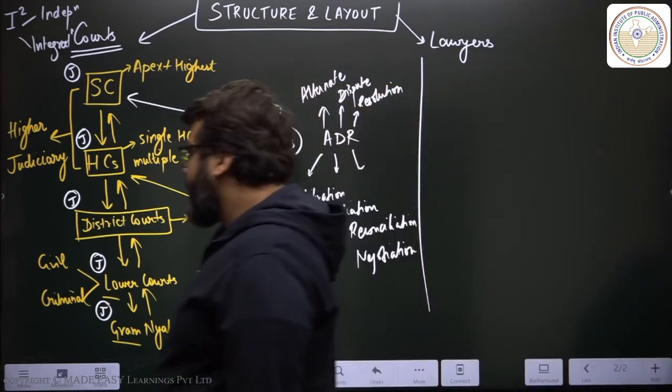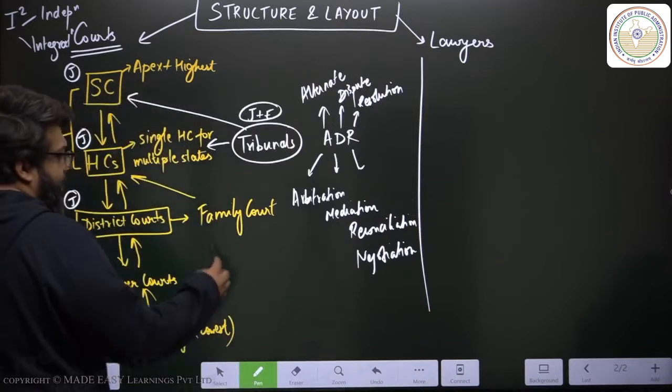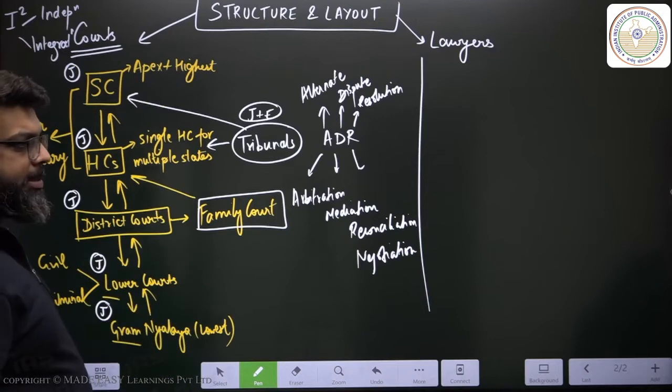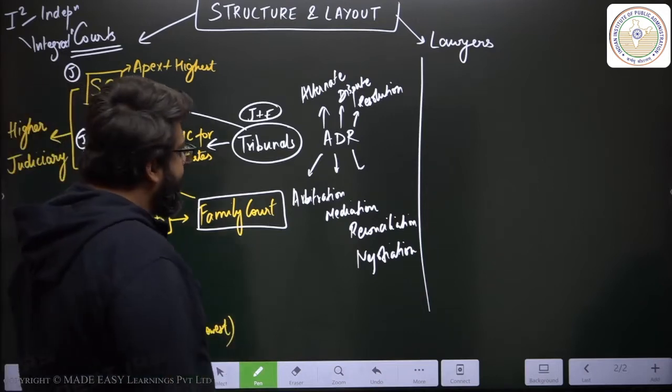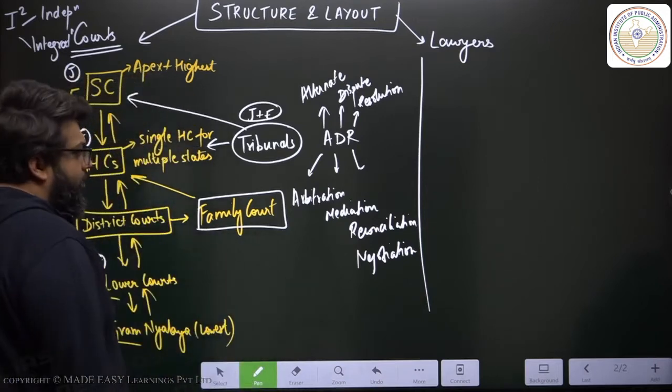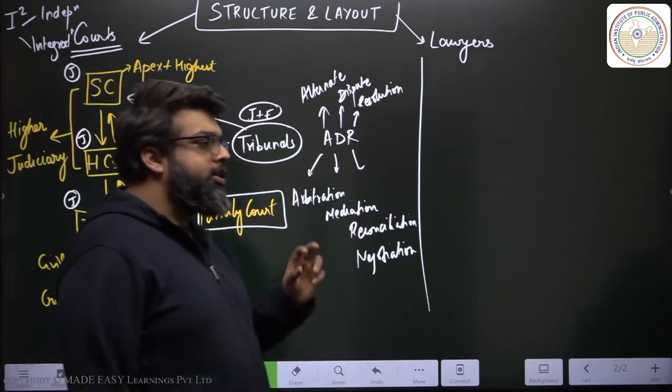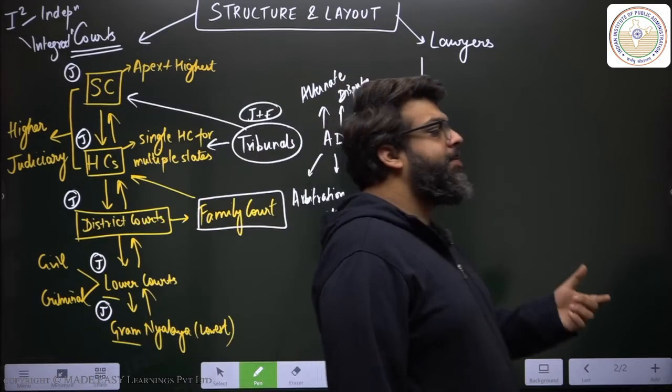Now, you can also have, like how you have a family court specialized only for family cases like divorces, etc., courts at a lower level which are specific in terms of a time limit.